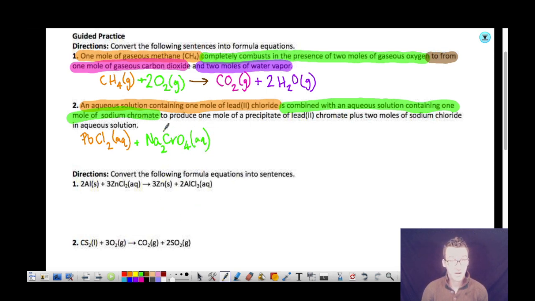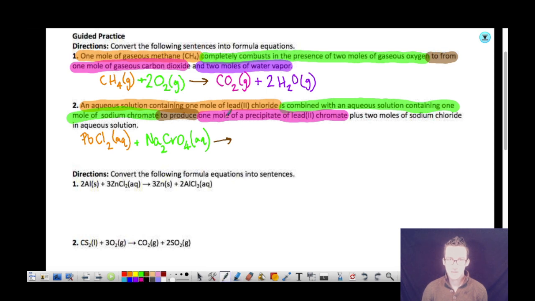This is one that you're going to have to begin to learn on your own. It's not part of the Nick the Camel sentence for the polyatomic ions. So just more fun to come there. To produce one mole of a precipitate of lead 2 chromate.